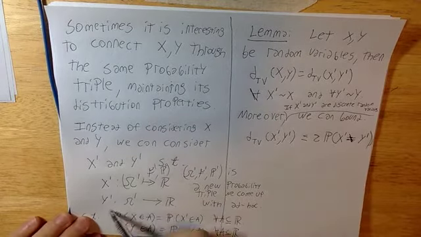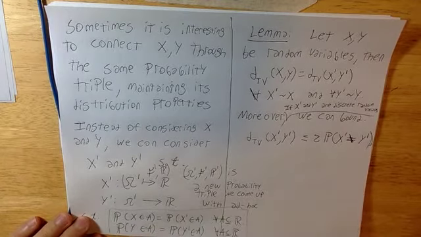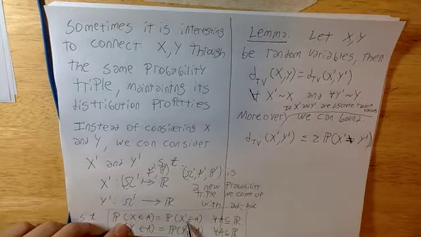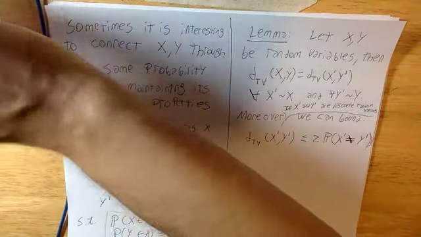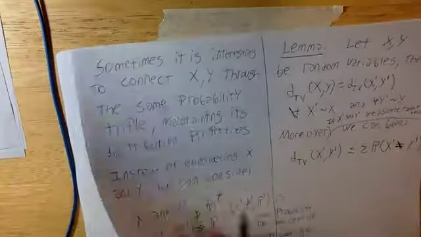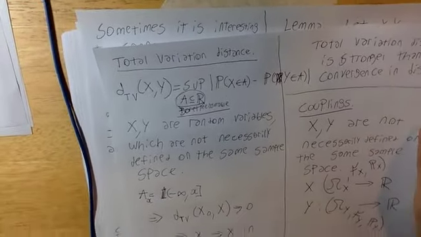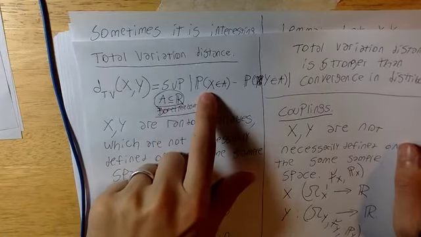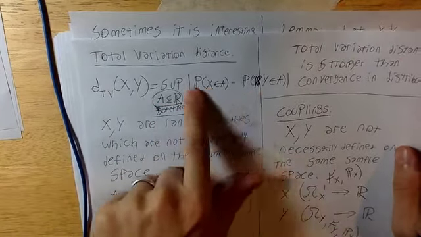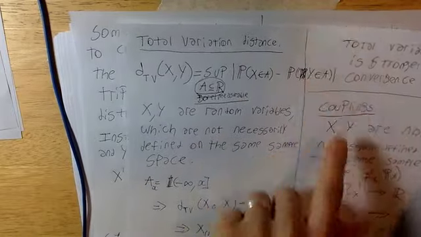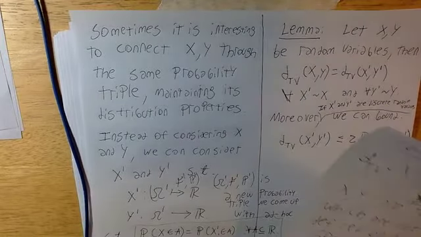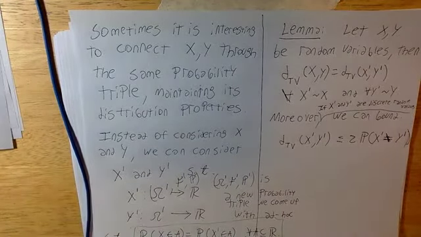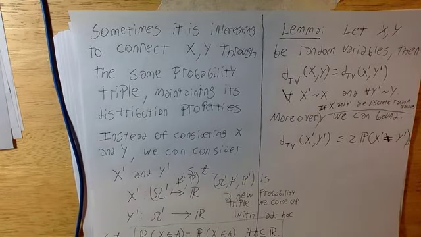The probability that you're in a specific set in R is the same for X and Y, and the total variation distance is just given by the supremum over A in R of the probabilities that X or Y are in this particular set. So if we preserve these probabilities, then this distance is the same.